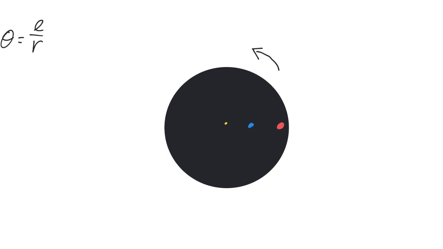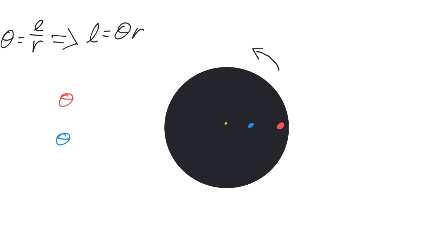Now, if we want to study the linear distances of the two, the linear distance for the red one, first of all, let's take this equation and rearrange it. So we have L is equal to theta times R. And for both of them, the theta value is going to be the same because they rotate together.